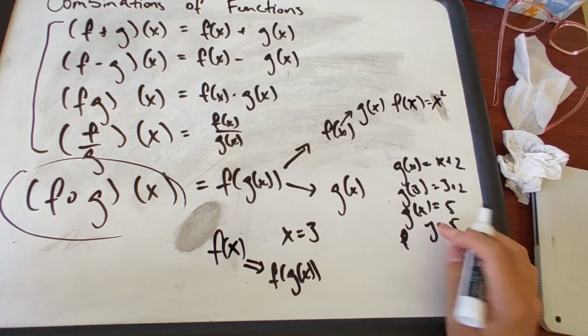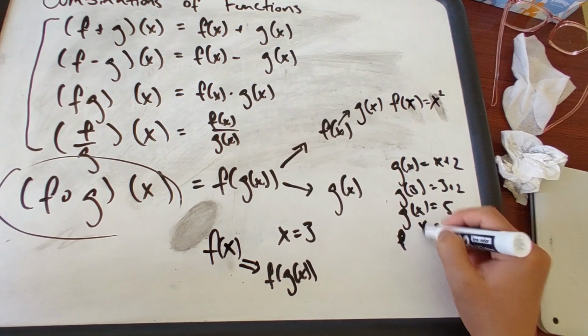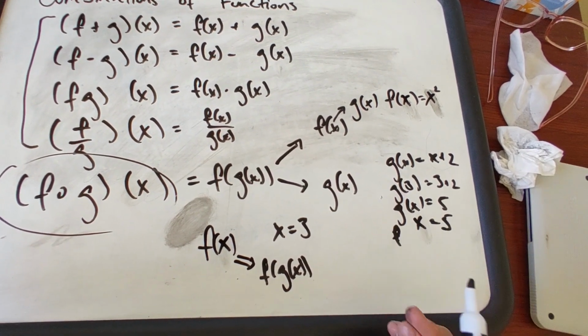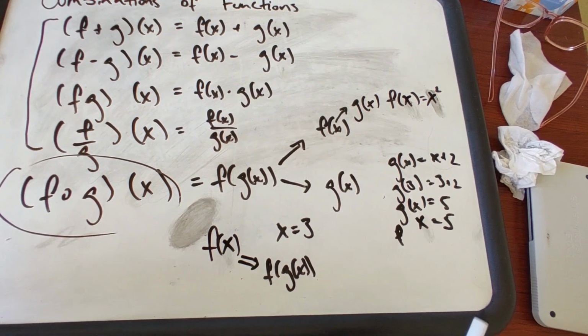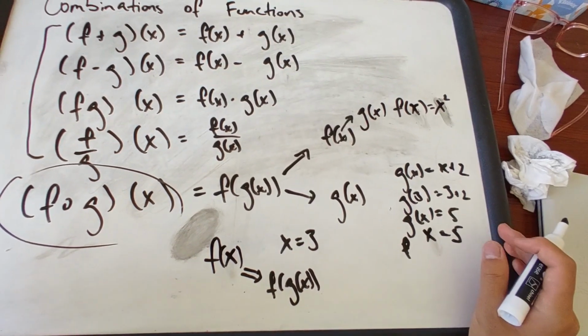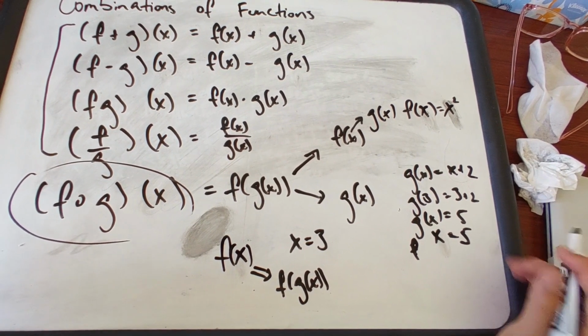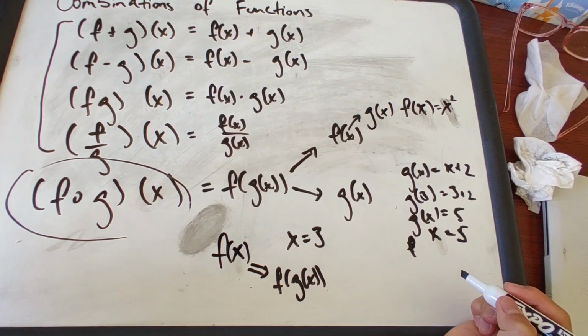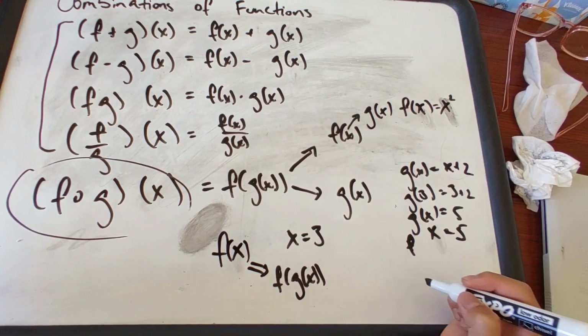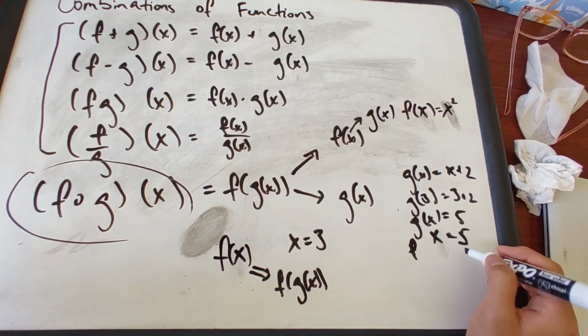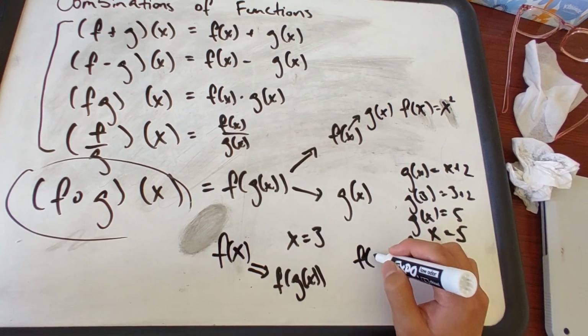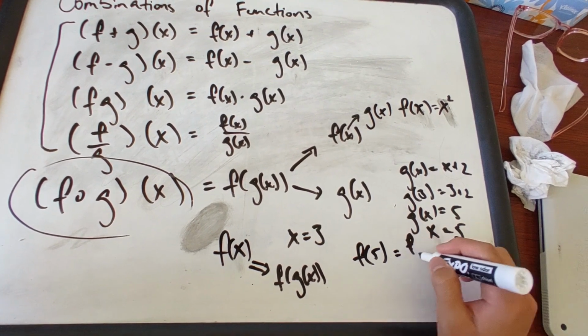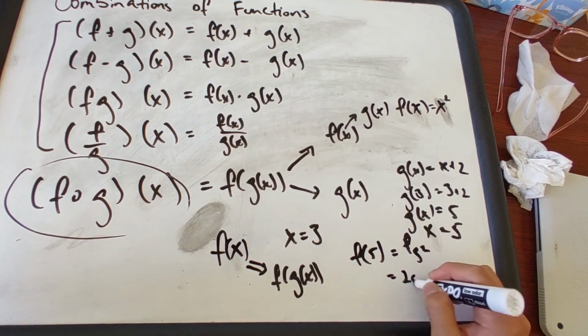And now that we know what g of x is, and that it is inside the f of x notation, then f of x would be f of g of x, and since g of x is 5, then it'll be f of 5, and that'll be 5 squared, which is 25.